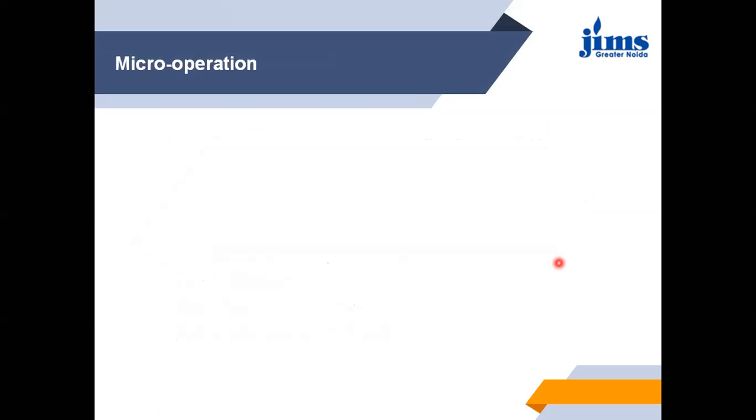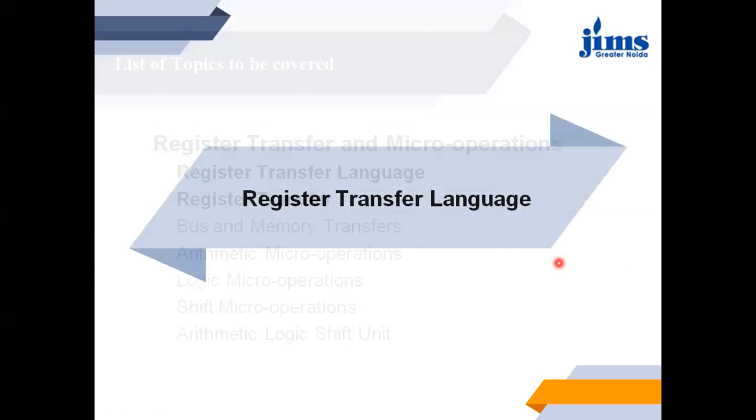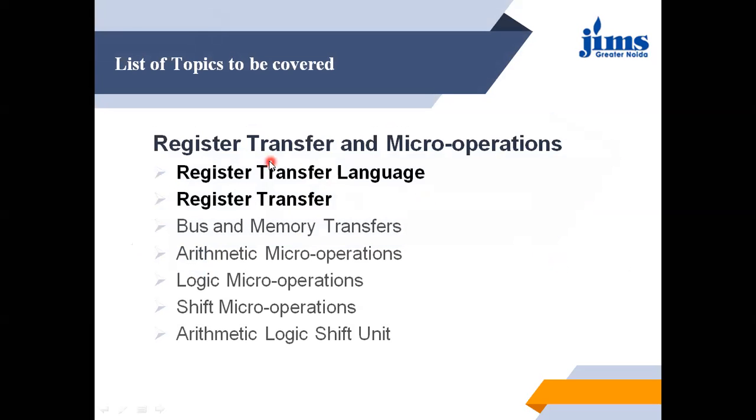When we are discussing this, we first have to see what micro operations are. If I divide this term into two parts, there are two meanings. First one is register transfer, meaning transfer of information between registers, and second one is micro operations.